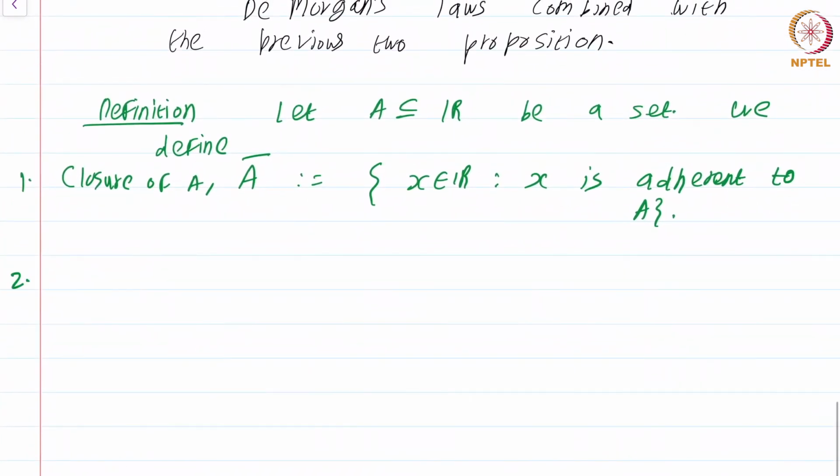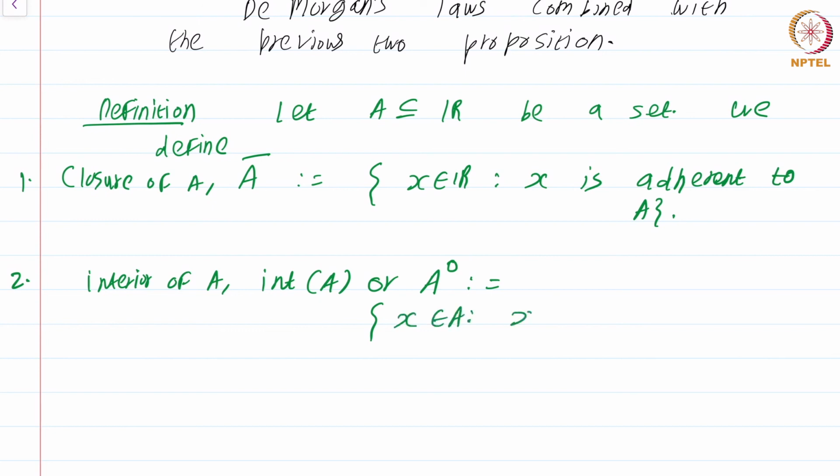And the second is interior of A. This is denoted int A, or sometimes like this. I don't like the second notation because some textbooks use that for complement. I prefer writing interior of A. X in A such that X is an interior point.